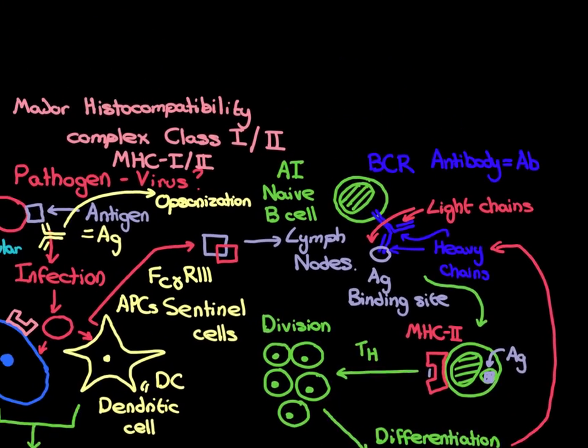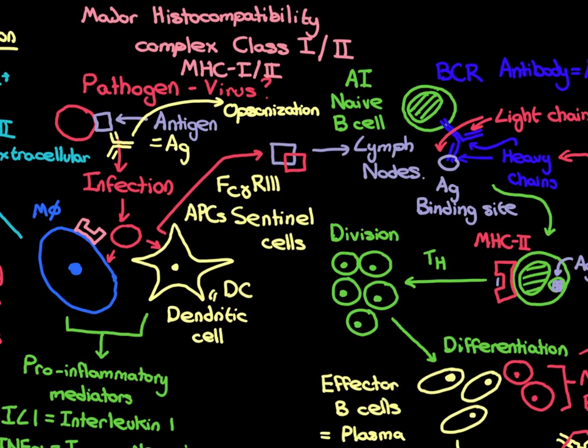Now, why did I tell you all of that? Why did I make it so much more complicated? Because I wanted to justify this receptor's name. Fc gamma refers to the fact that these antibody molecules here are going to be Fc gamma type antibody molecules. R3 just means receptor type 3. So on the surface of the macrophages and indeed the dendritic cells, we have this receptor. Here it is.